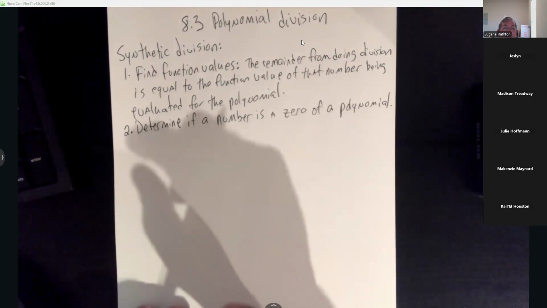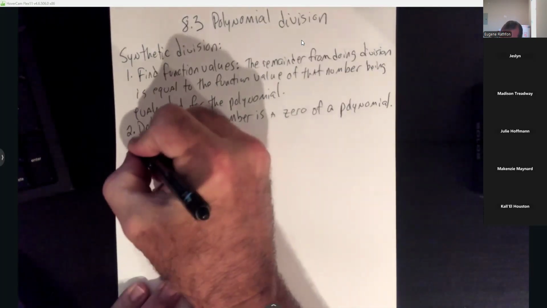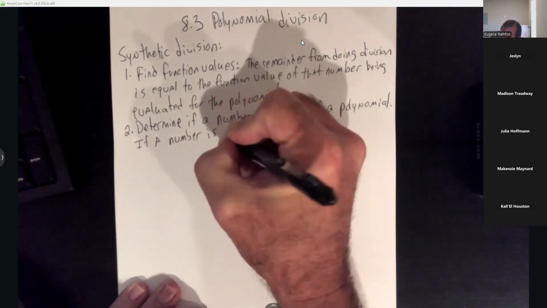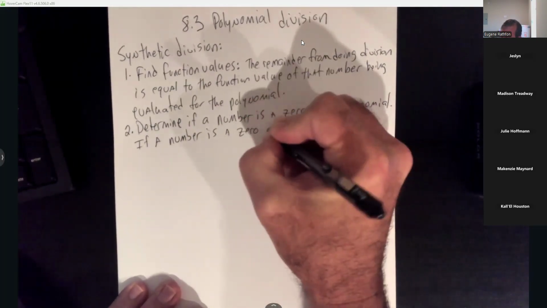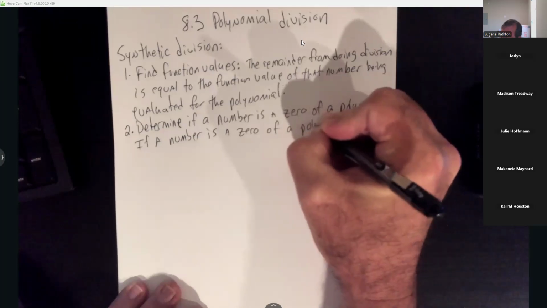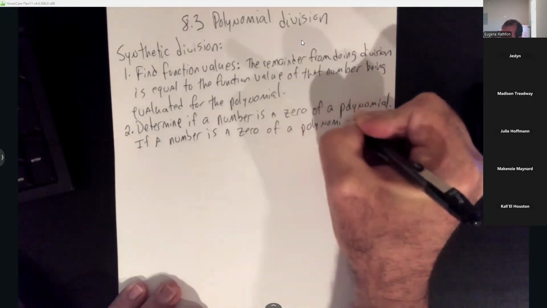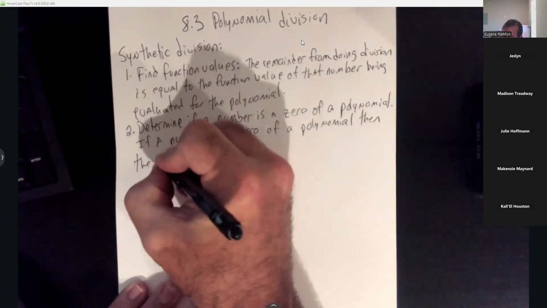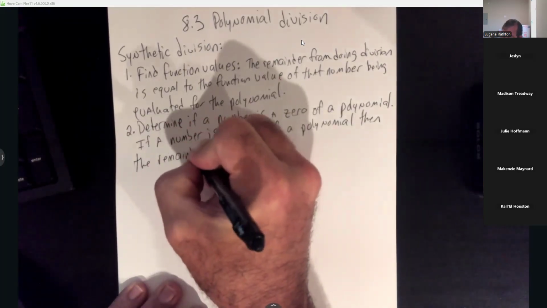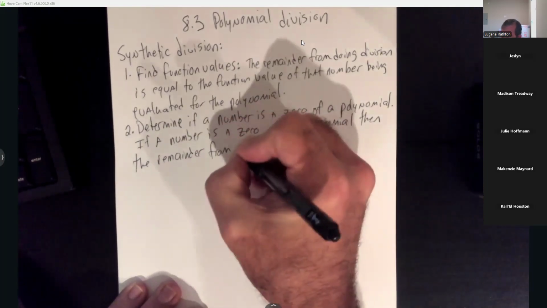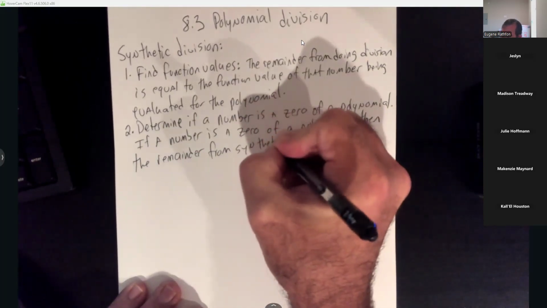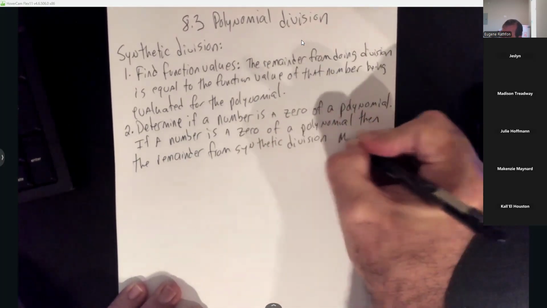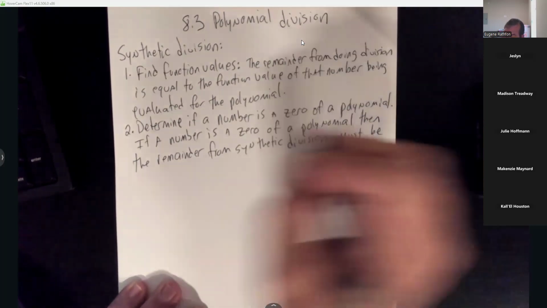And this remainder theorem says that if a number is a zero of a polynomial, then the remainder from synthetic division must be zero.